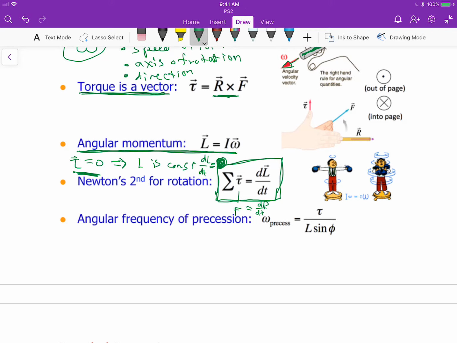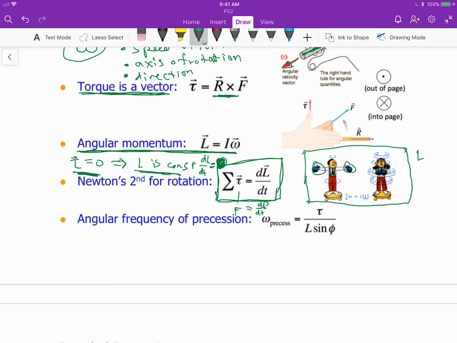That's really important because, as you saw in the lab and in class, it's like a ballerina: when you have these weights and you pull them in, you're doing some work on the weights when you pull them inward, but even if your mechanical energy isn't conserved in that situation, your L is constant.